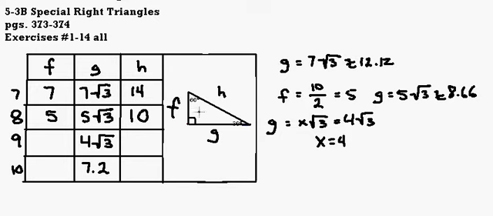So f, which is x, the short leg here, that's going to be 4. And to find h, all we're going to do is double that. So h in this particular context is simply going to be 4 times 2, which would give us 10.